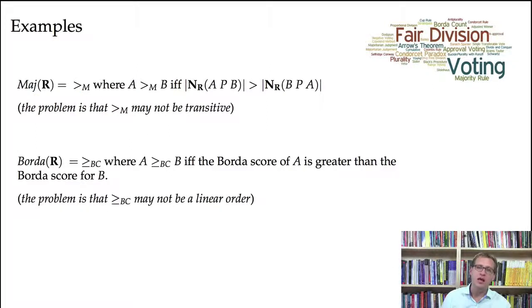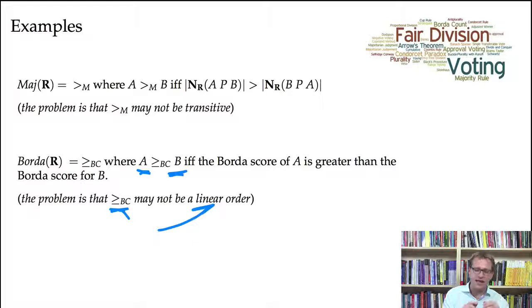Another example is Borda count, where one candidate is ranked ahead or at least as high as another candidate if the Borda score of A is greater than or possibly equal to the Borda score for B. The problem here is that this ordering may not actually be a linear order, because in many situations, two candidates may be assigned the exact same Borda score.